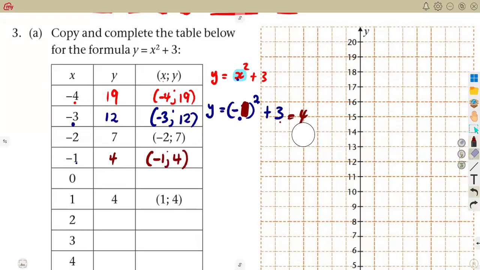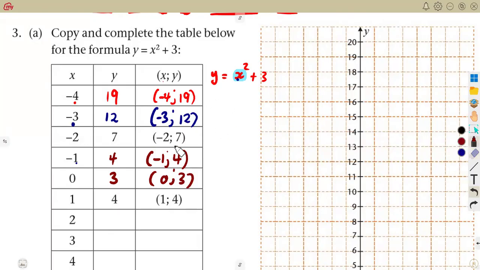You do the same thing if the x value is this time a 0. Where x is, now it's a 0. So it is 0 squared plus 3, which gives you a 3. So that's as a point 0 versus 3.